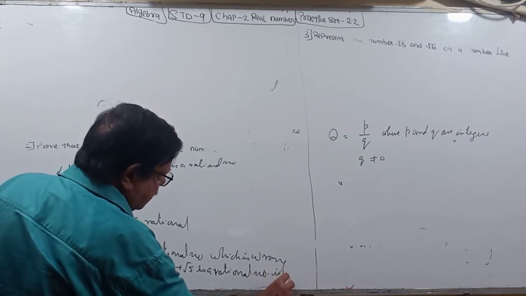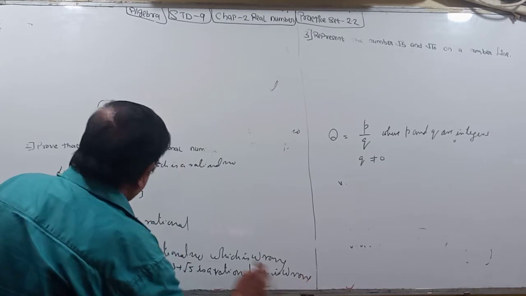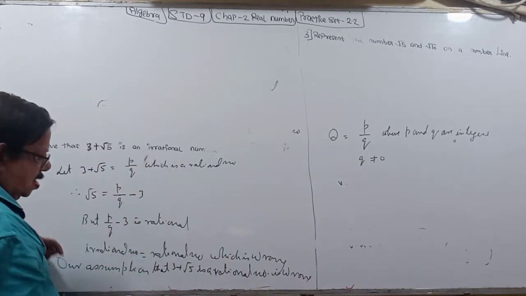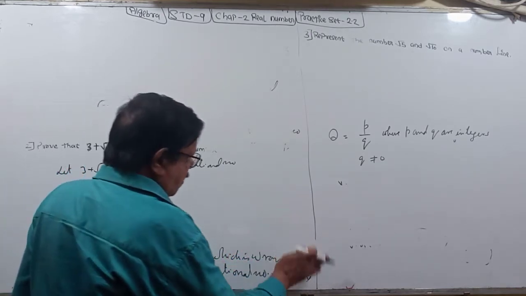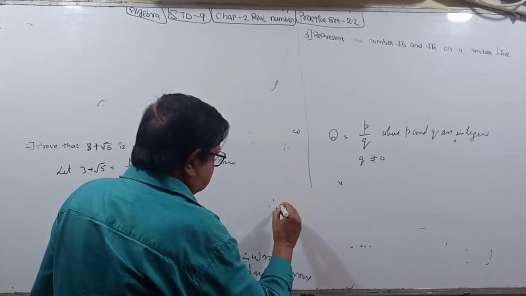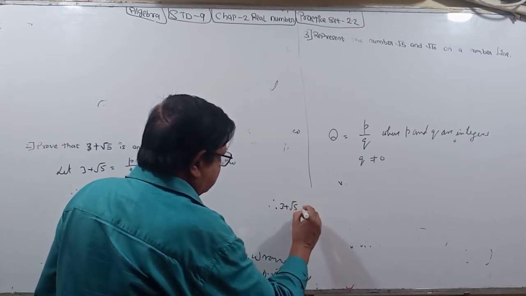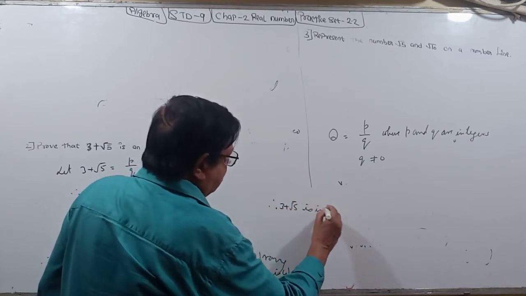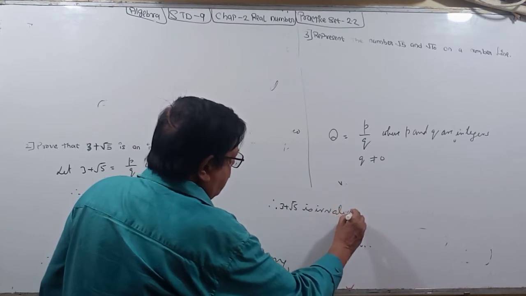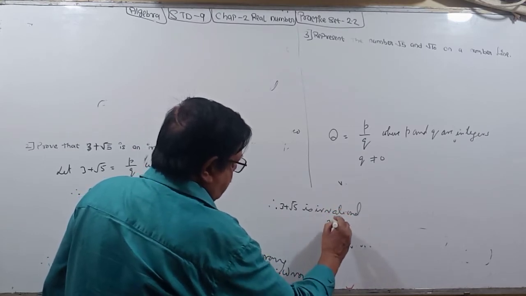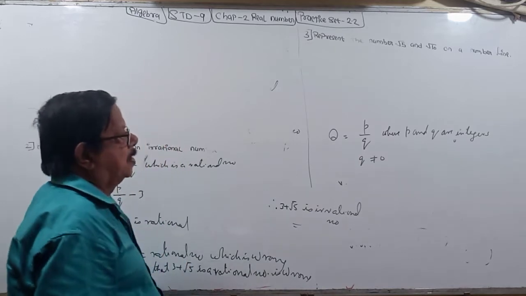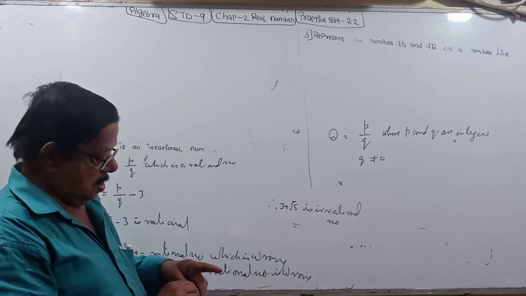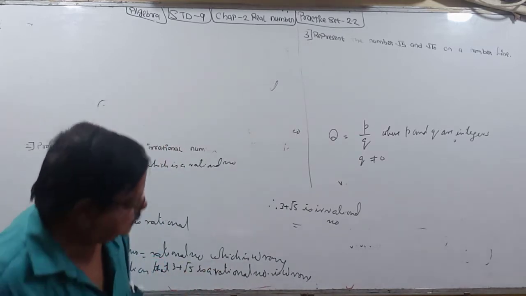This assumption is wrong. Therefore, 3 plus root 5 is an irrational number. Okay, right, we will go to the next one.